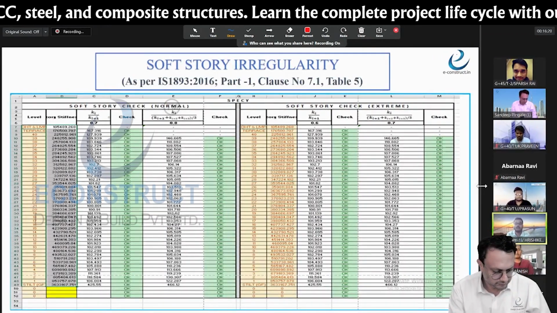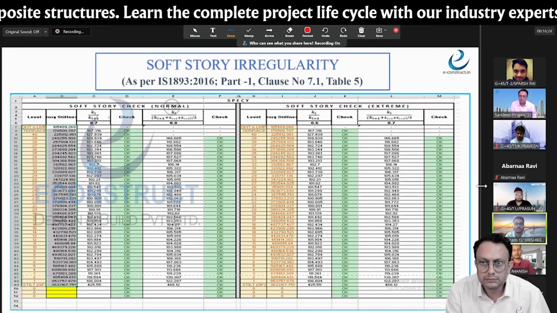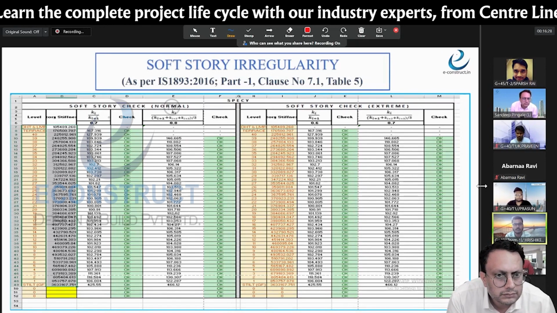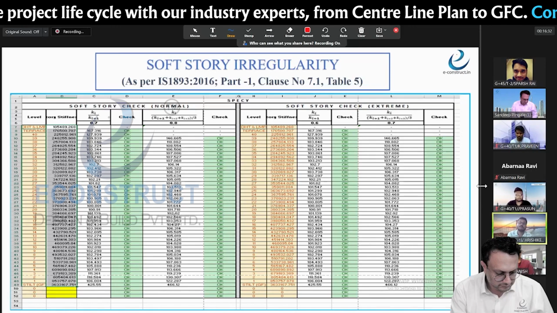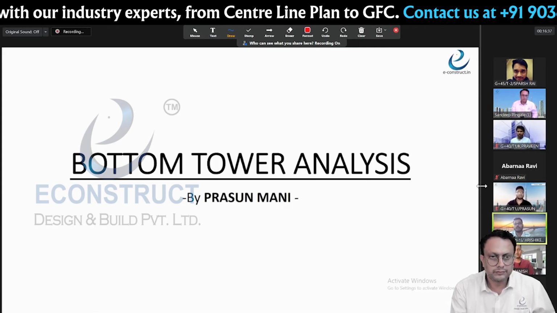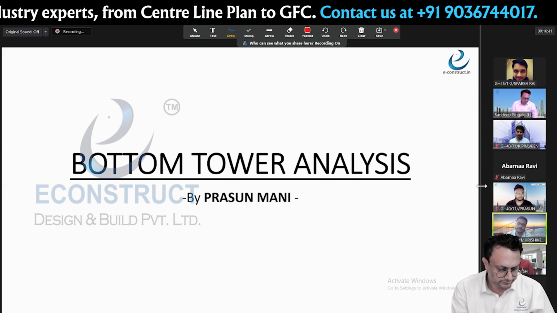These are the software calculations. According to that, there is no soft story present in the structure, but still we are trying to apply it in the ground floor. Thank you. The remaining part of the PPT is explained by the professor.